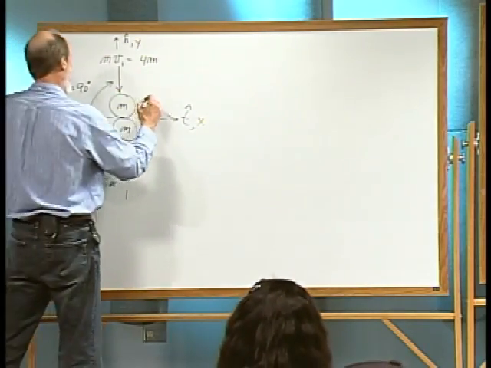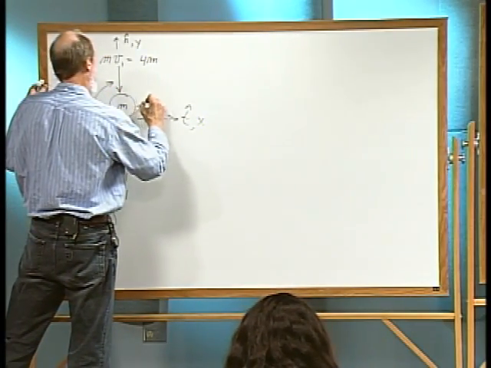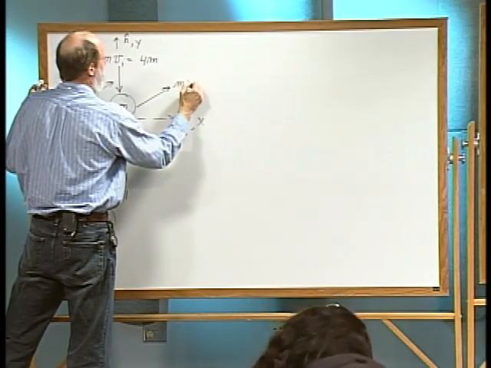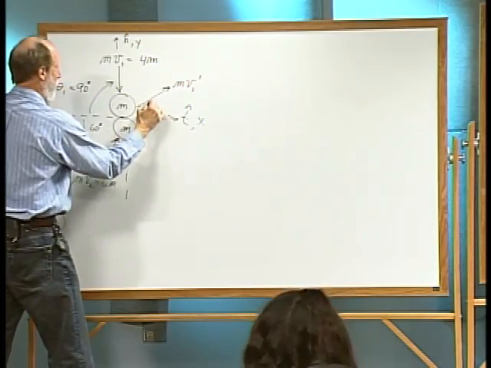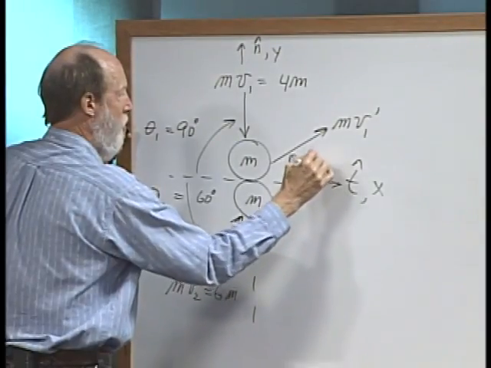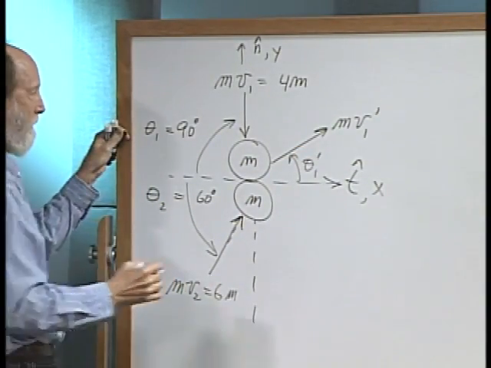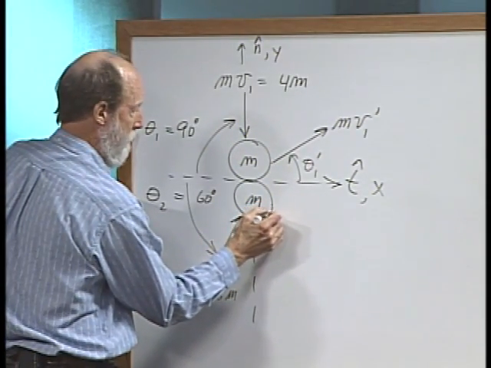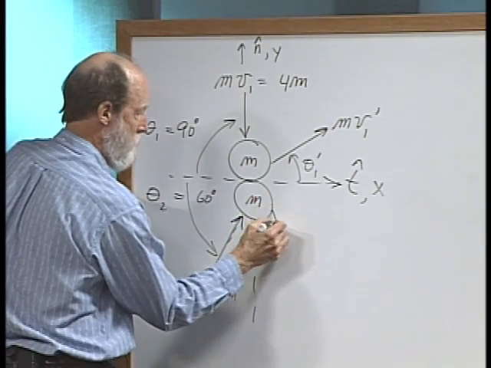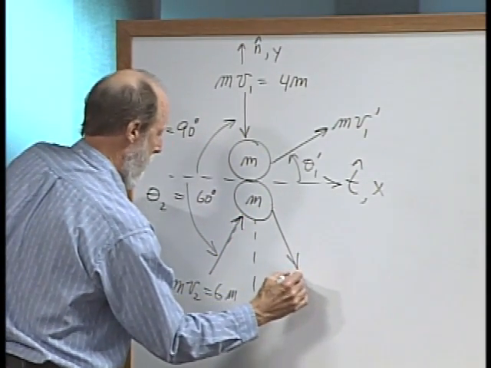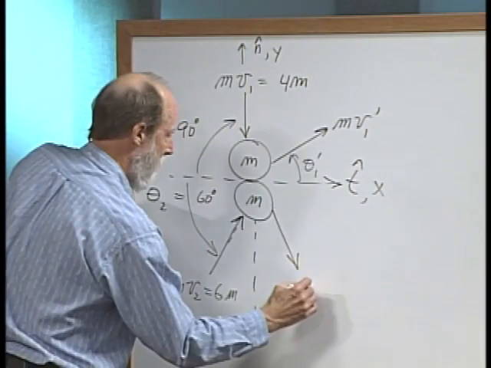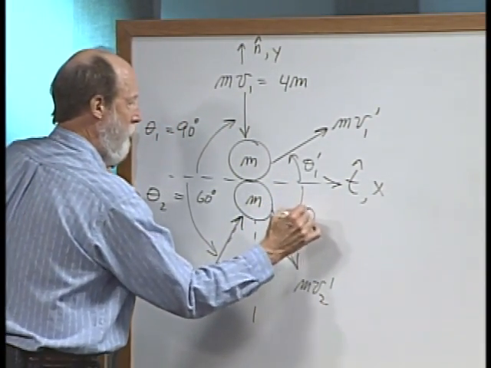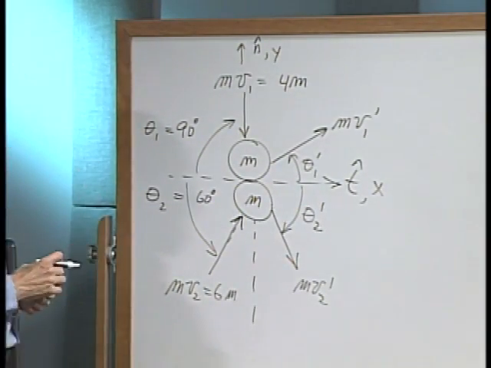Now, they're going to then depart at some other momentum, so it's going to be carrying mv1 prime at some angle theta 1 prime, and this one's going to end up departing at some other angle, with some mv2 prime momentum and some unknown theta 2 prime angle.